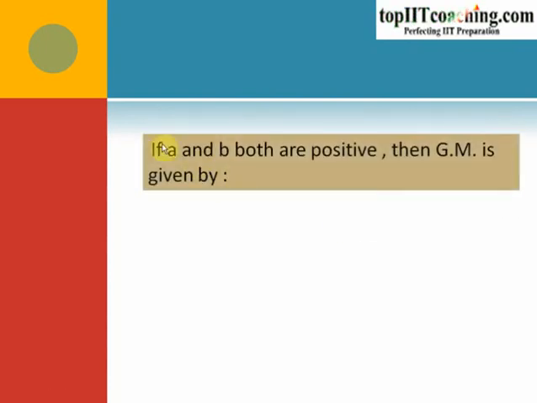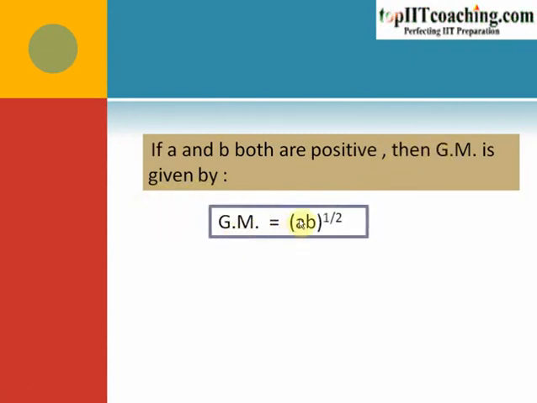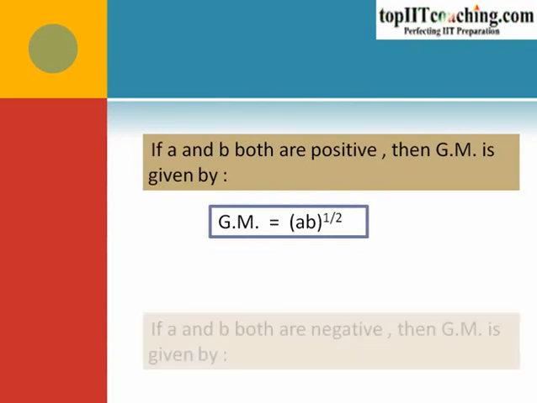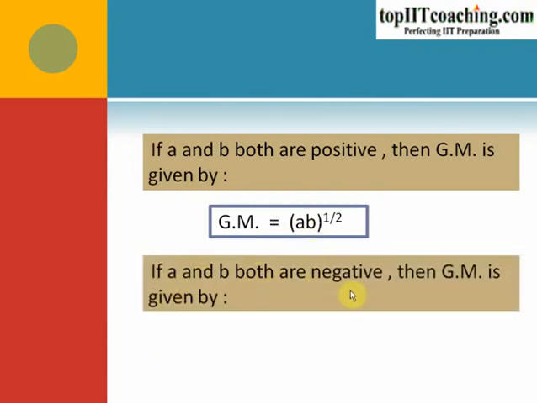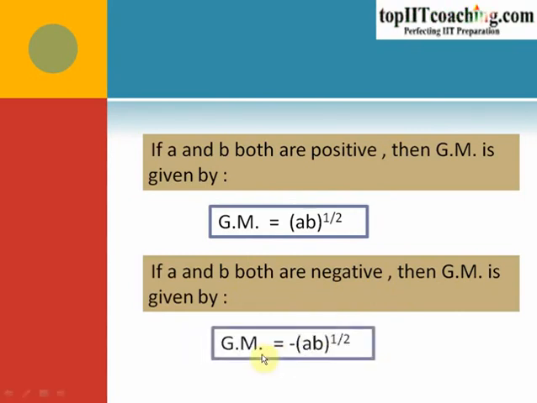Now if a and b both are positive numbers, then the geometric mean is given by GM equal to under root of ab. So if both a and b are positive, then we take a positive sign over here. So GM, which is between a and b, should also be positive. Now if a and b both are negative, then the geometric mean is given by GM equal to minus of under root ab.